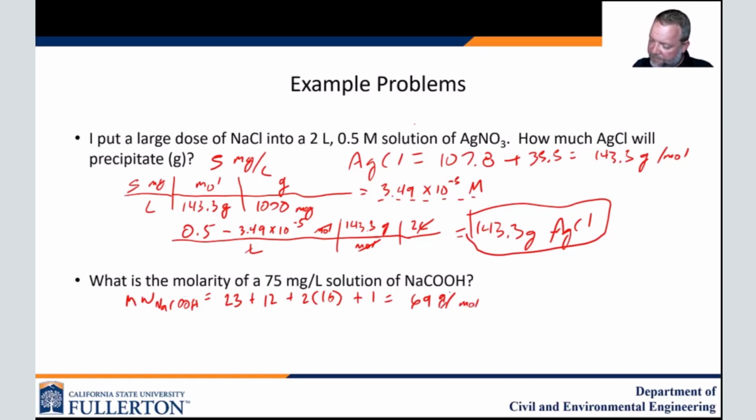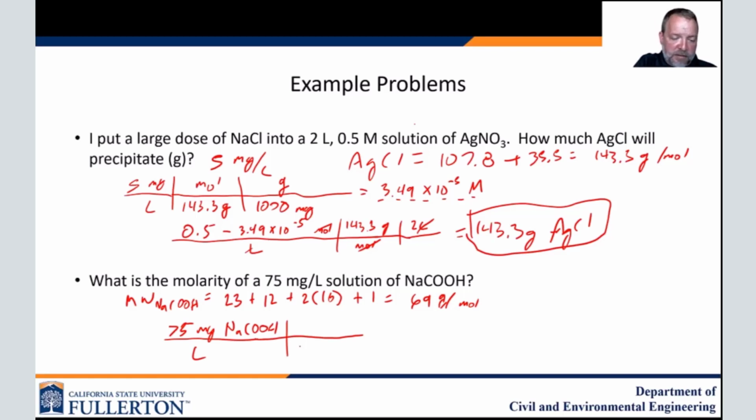All right. Now we can take our 75. Well, again, we'll use the factor label approach. 75 milligrams per liter. And just to be really clear, I'm going to go ahead and put that as milligrams of NaCOOH so I don't get confused. I know that there are 69 grams per mole, but I want to know that in terms of milligrams.